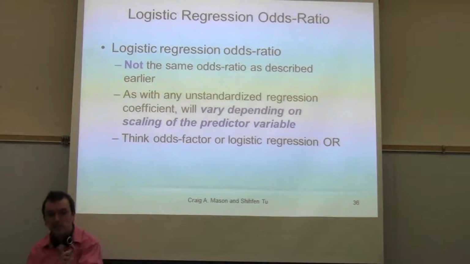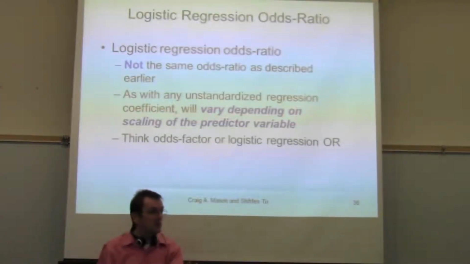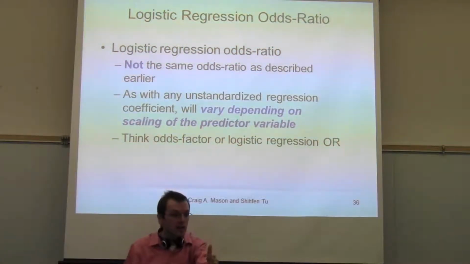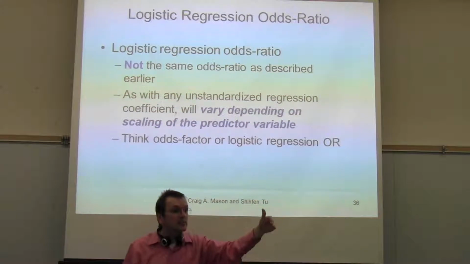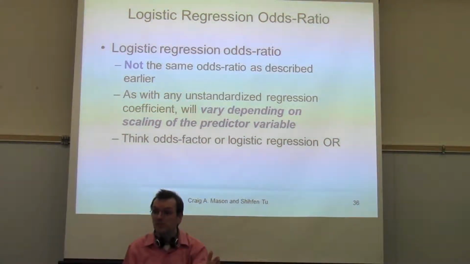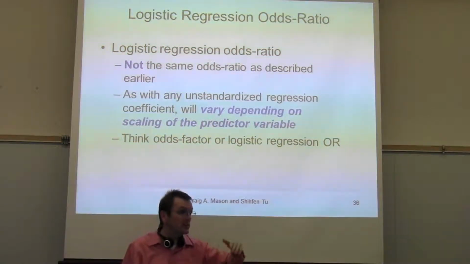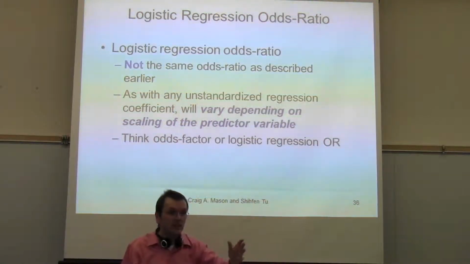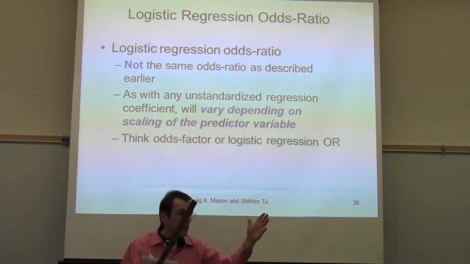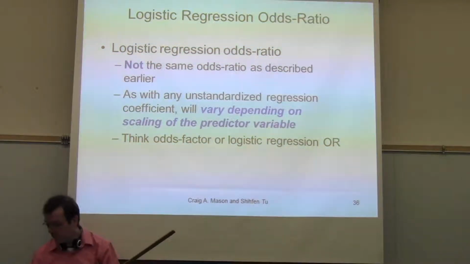So you need to ask yourself, when someone says the odds ratio is 2 in logistic regression, that means a 1 unit increase doubles the odds. Now what is a 1 unit increase? They need to tell you what that 1 unit is. Is it a year? Is it a week of intervention? Is it an hour of studying a night? What does that 1 unit mean?